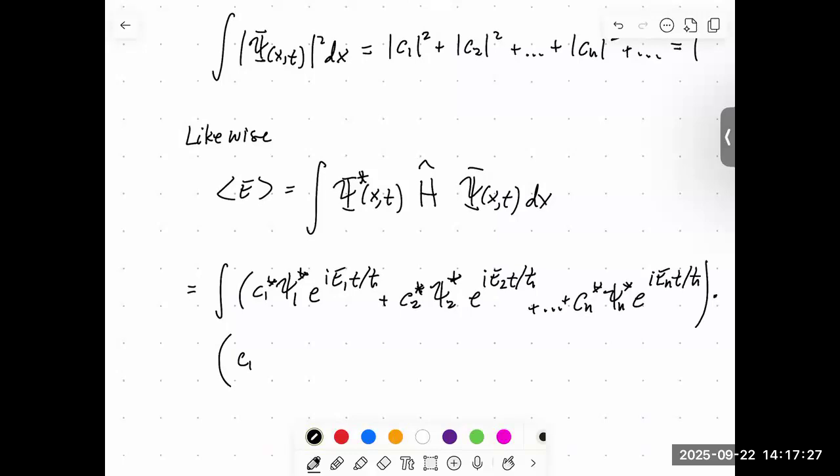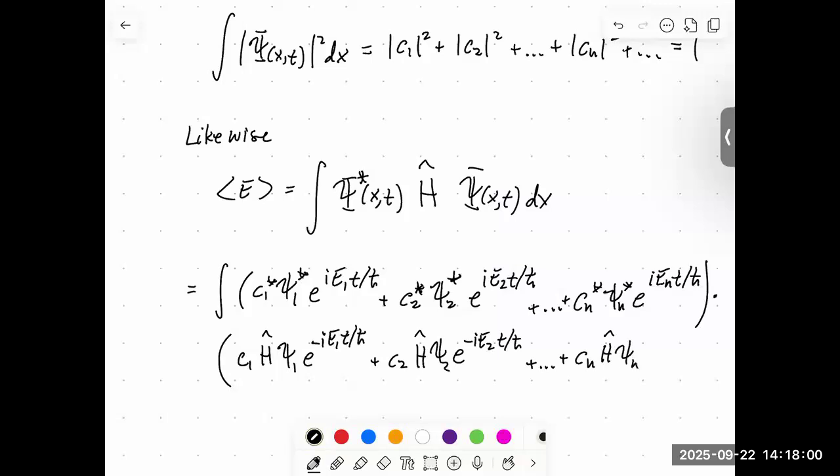So C1 is just a constant. It's maybe complex, but it's still a constant. Then we get H hat acting on psi 1, and then we have e to the minus i E1 t over h bar, plus C2 H hat acting on our second stationary state, e to the minus i E2 t over h bar, plus and so on, plus Cn H hat psi n e to the minus i En t over h bar.